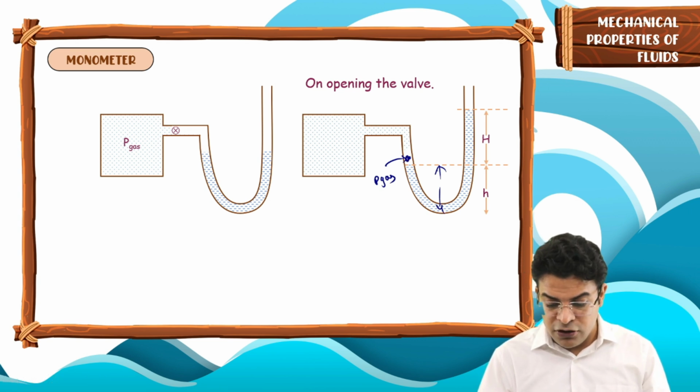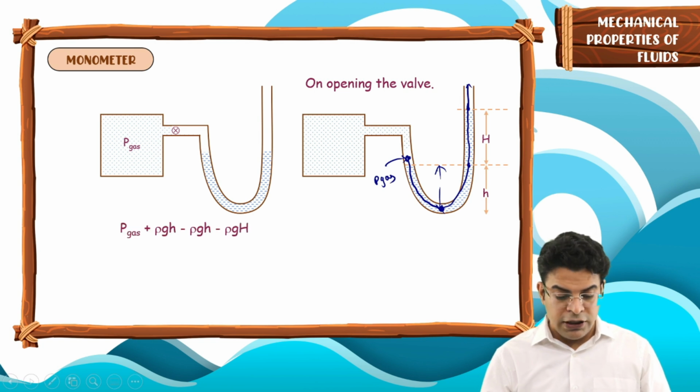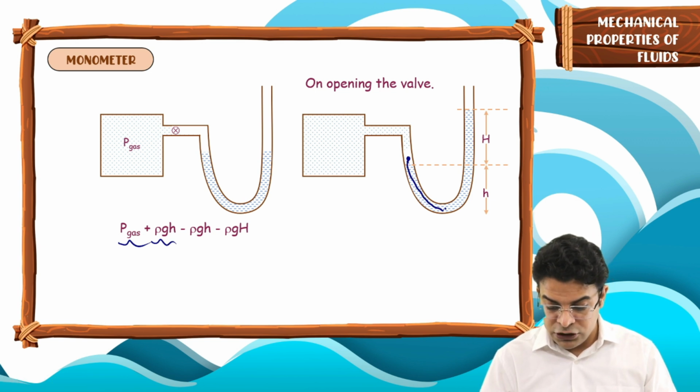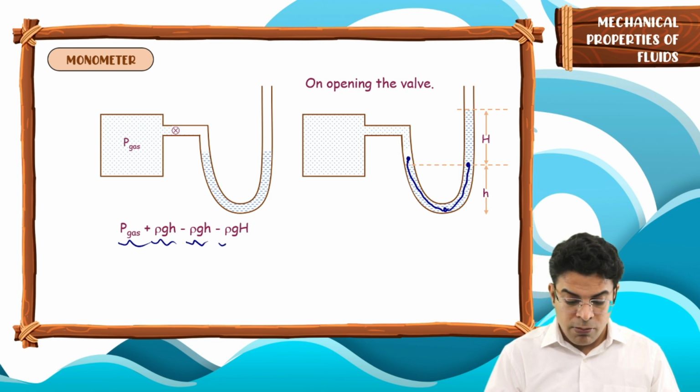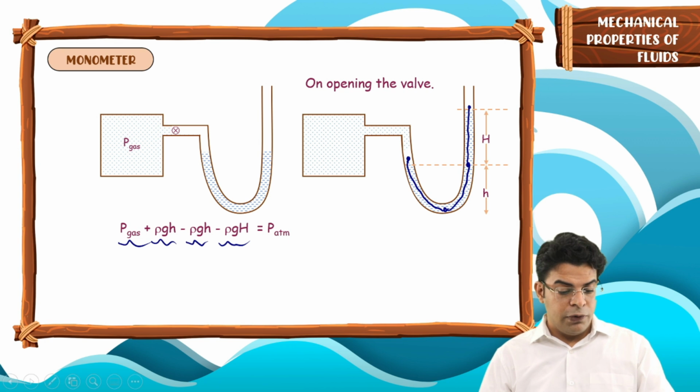So you write pressure of gas plus rho g h minus rho g h minus rho g capital H equals P atm. So the equation goes like P gas here plus rho g h, pressure of this point, minus rho g h, pressure of this point, minus rho g capital H equals P atm.